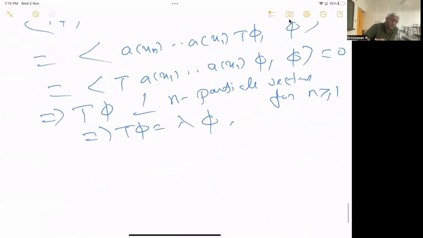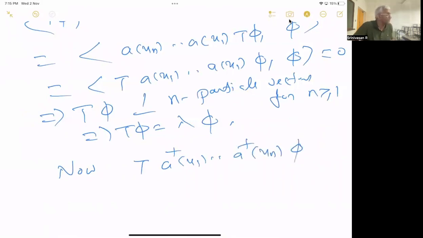Okay. Now, T acting on any finite particle vector, A dagger u1 up to A dagger un of phi. That is equal to, but then you can take the creation operators outside, no?